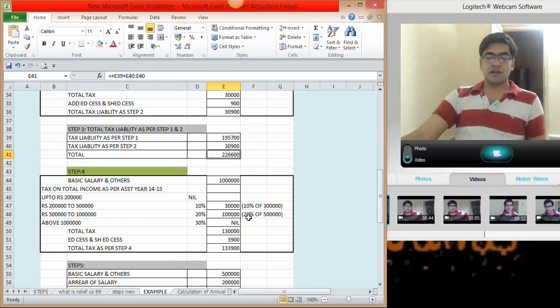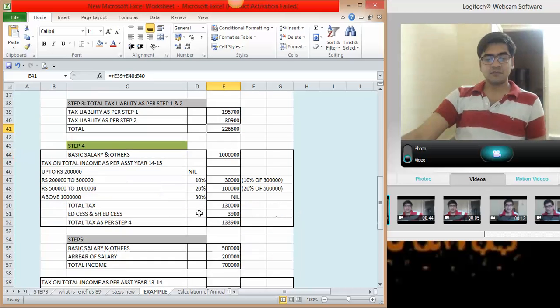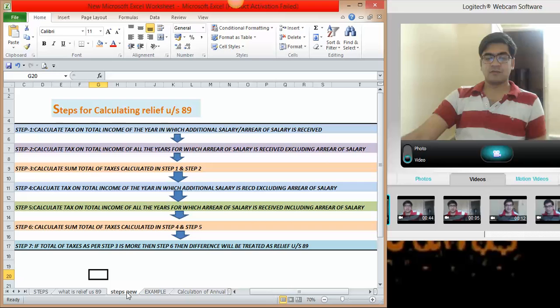So we have already finished step 3. Now moving ahead to step 4. Calculate tax on total income of the year in which additional salary is received, excluding arrear of salary. In step 1, we have calculated the tax on total income of the year in which we have received the arrear, including the arrear of salary, but in this step we will calculate the income without taking into account the arrear of salary.